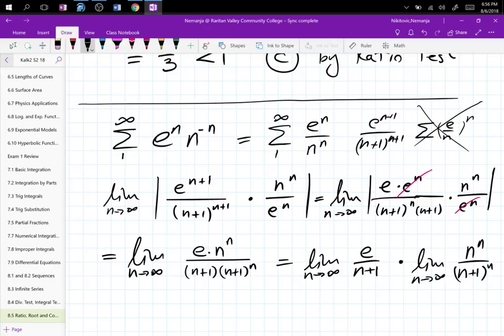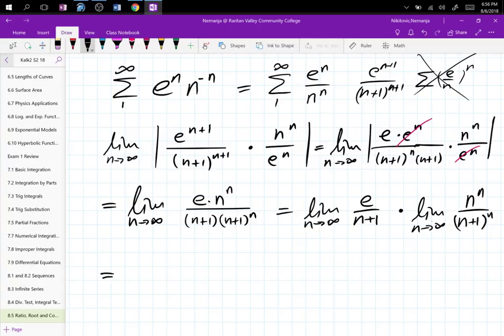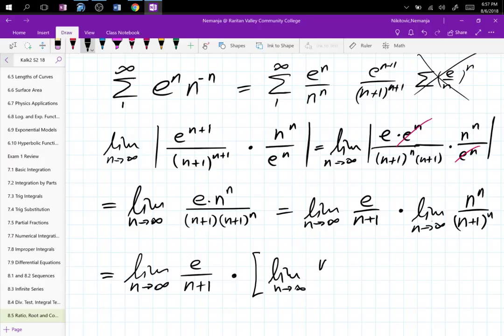So if you know your limits, this is further limit n goes to infinity of e over n plus 1 times, now this exponent n, you can push: the limit n goes to infinity of n over n plus 1, and have everything raised to the n.